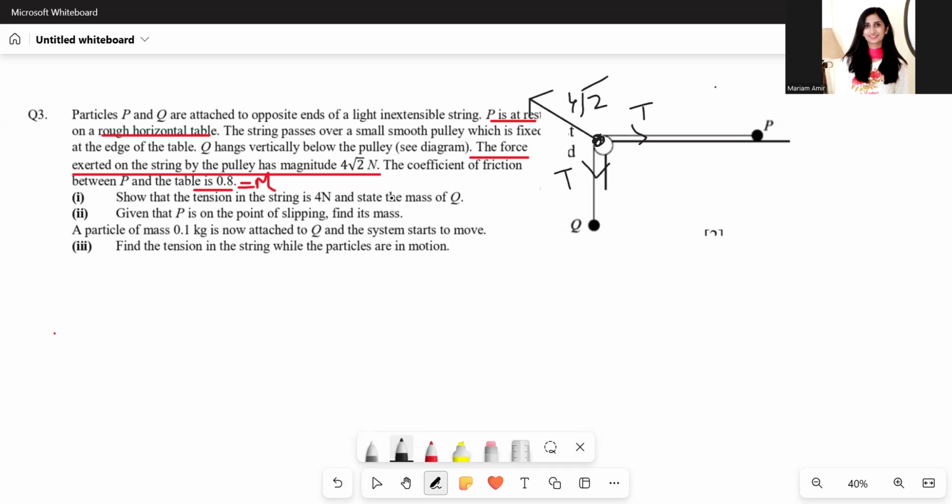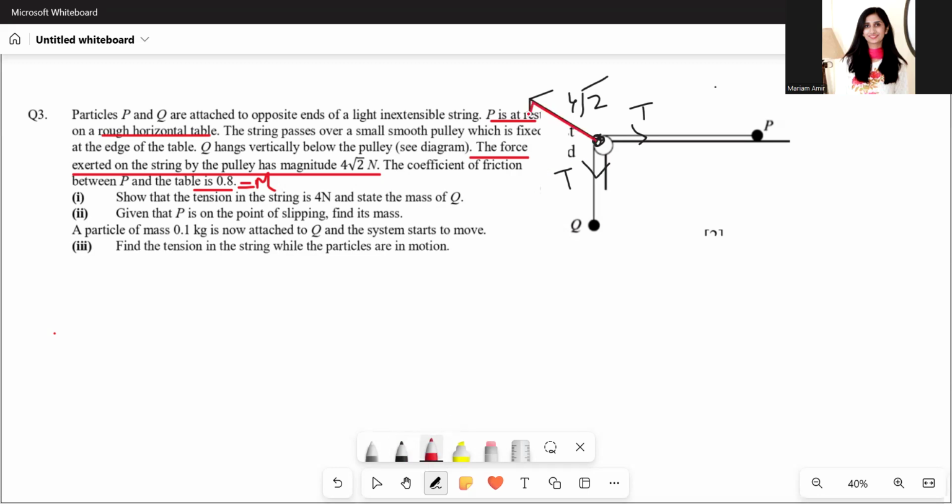This force will also have an equal and opposite reaction in the opposite direction. That is because the pulley is not breaking away in this direction. Even though there's a force applicable here, that means there's an equal and opposite force in the opposite direction that is balancing this out. So there's a 4 under root 2 here as well.